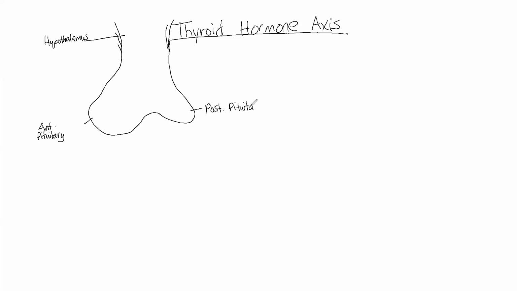And I'm just drawing the posterior pituitary here for reference, but remember that the axis itself is really through the anterior pituitary. We've also got the gland itself, so let's draw the thyroid gland here.